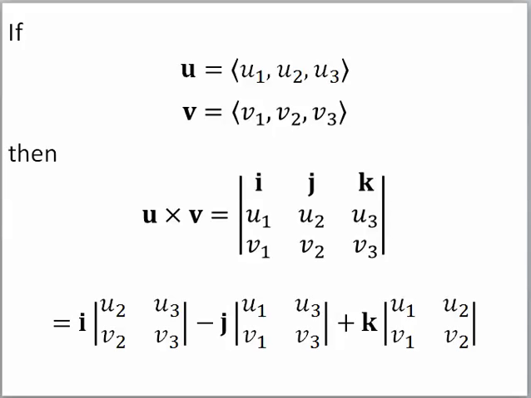The first row of the matrix is just i, j, k, the unit vectors. The second row must be the components of u, and the third row must be the components of v. So find that determinant and you will find the vector u cross v.